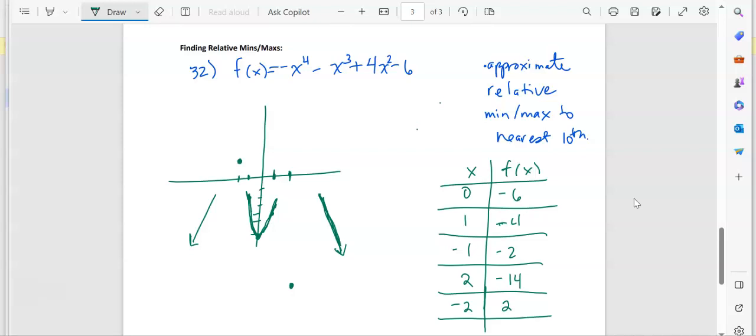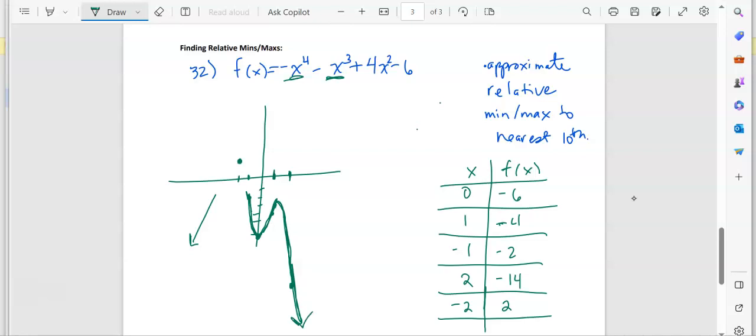So what are some things that tell us? For this graph, at 0 I was at -6, at 1 I was up to -4, and then by 2, I'm coming back down to -14. I can also tell that this is really where my end behavior starts to kick in, because now I'm looking at big positive values of x, and this will be a negative, and it will start to overtake the rest of the polynomial.